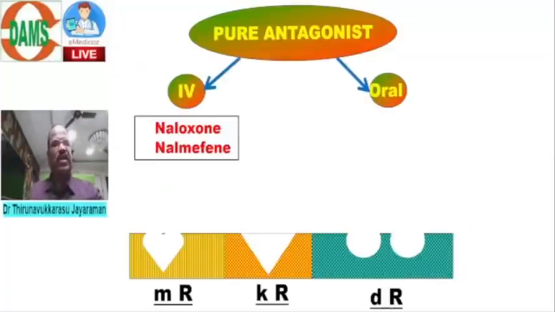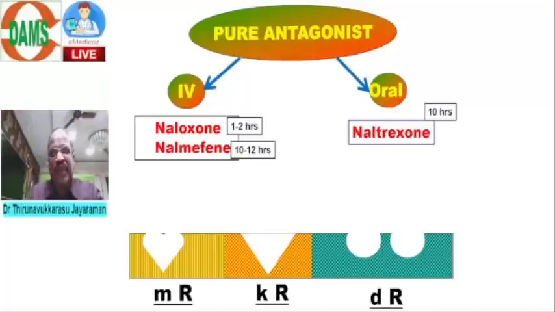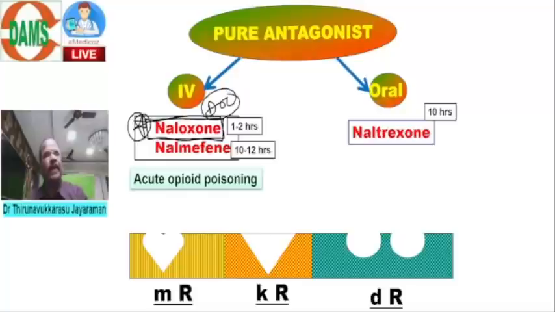The antidotes are intravenously given naloxone and nalmefene, and the oral drug naltrexone. Among these, look at the duration of action. Naloxone 1 to 2 hours, nalmefene 10 to 12 hours, naltrexone 10 hours. The specific antidote is intravenous naloxone. It is the drug of choice for treatment of acute morphine poisoning.